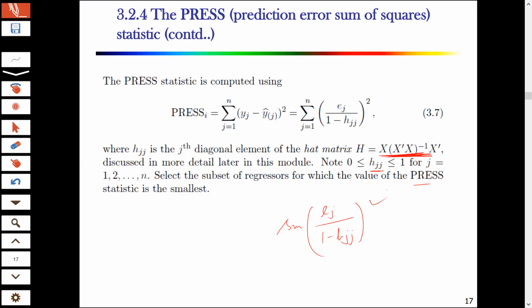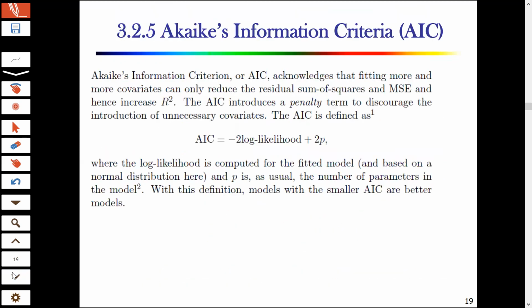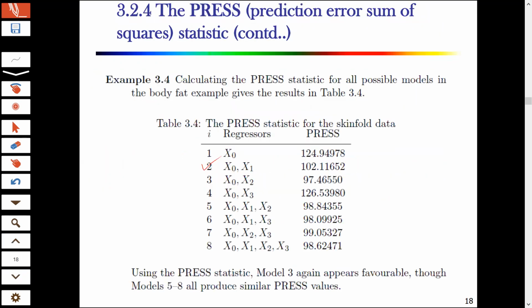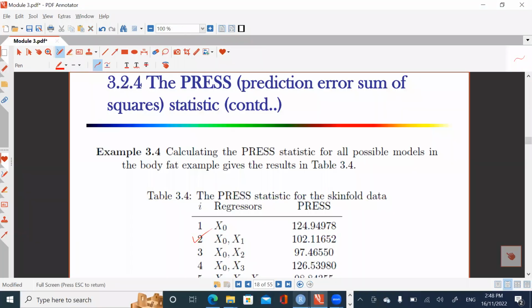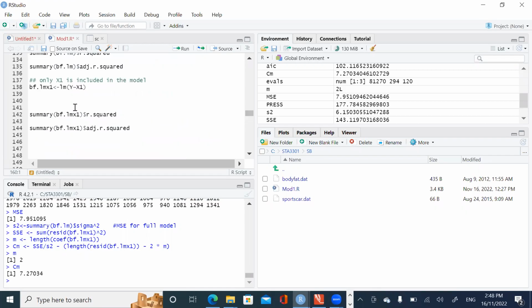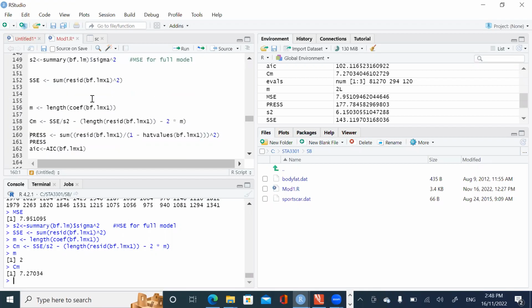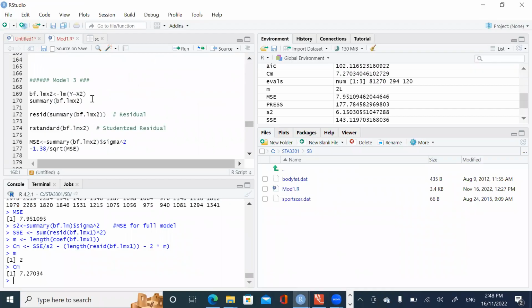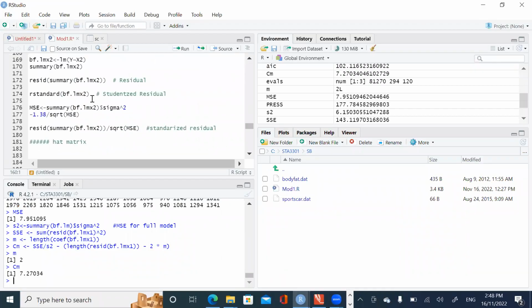So I am going back to R to show you how we can calculate that. Let's say in R I am going to show you only one model, the model with only one independent variable x1.